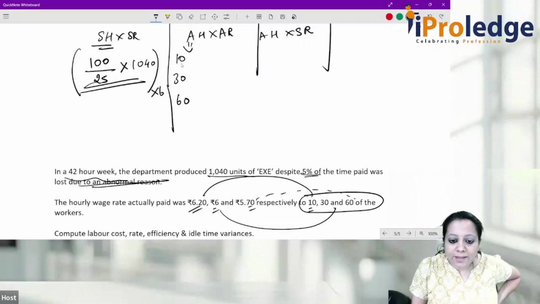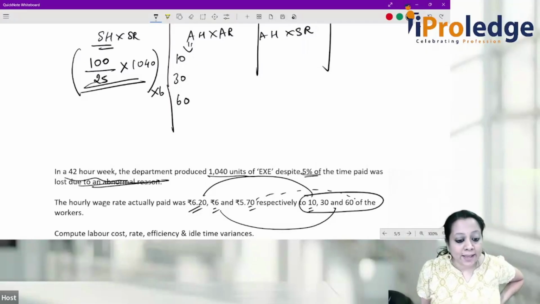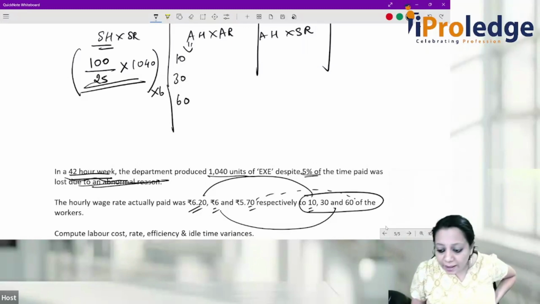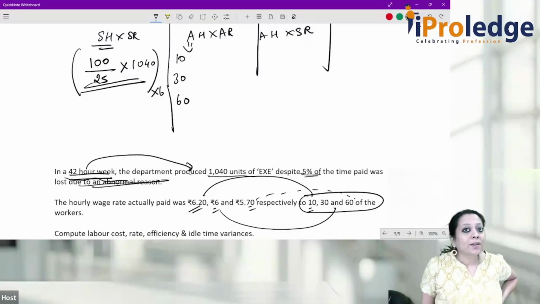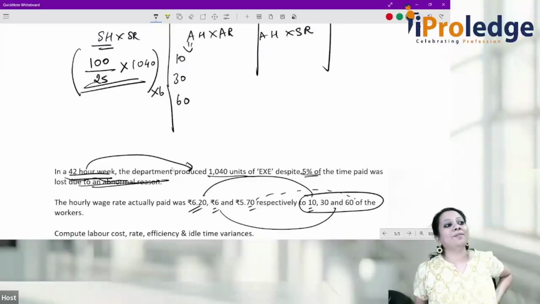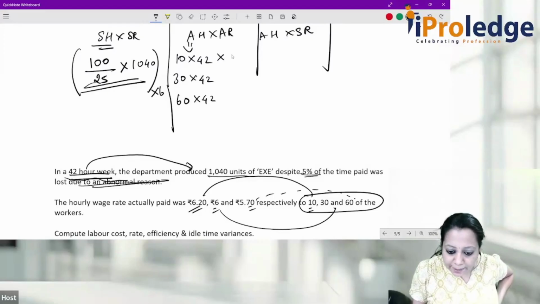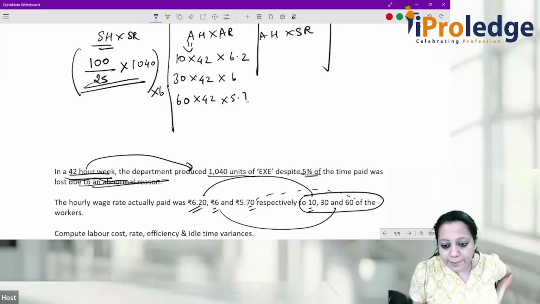They have said 42-hour week. So I will take 42, because they have said the production also for week. So into 42, into 42, into 42, rate will be 6.2, 6 and 5.7.